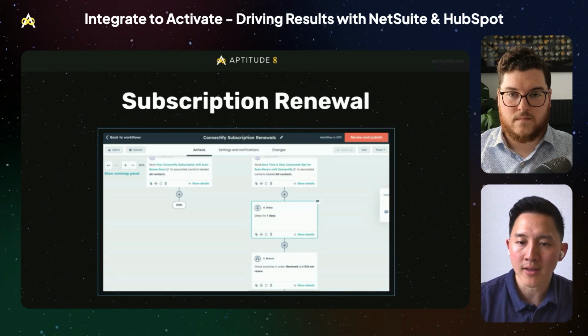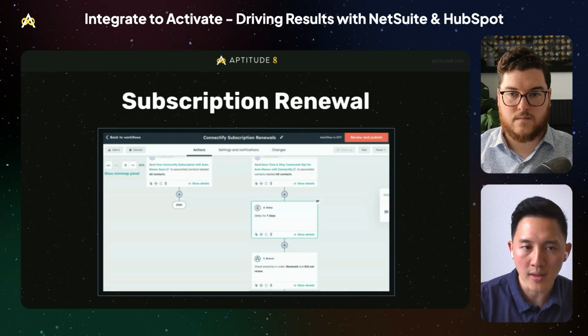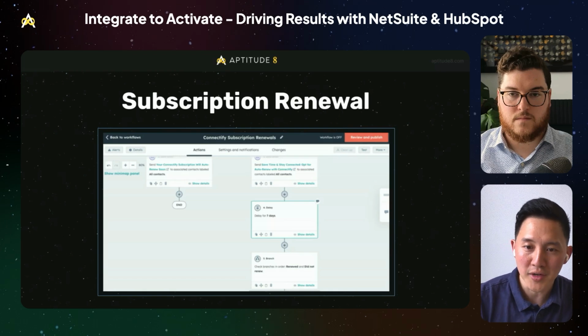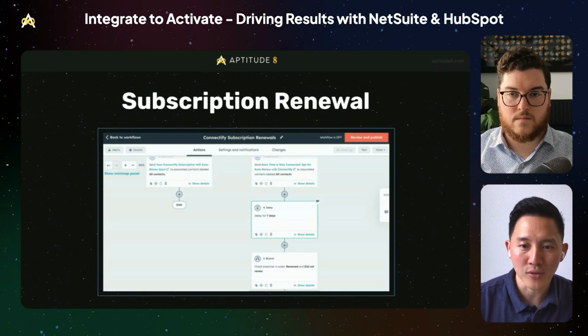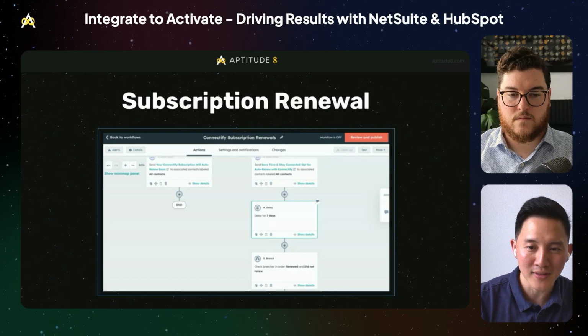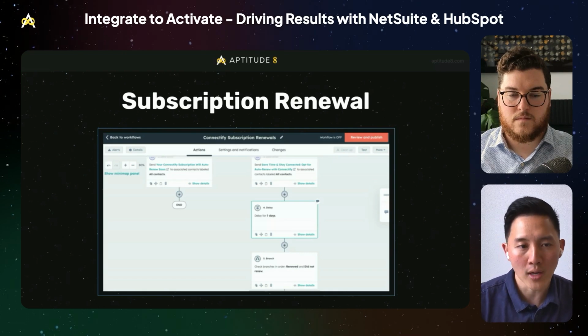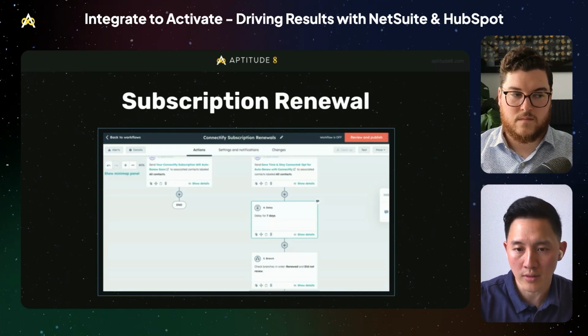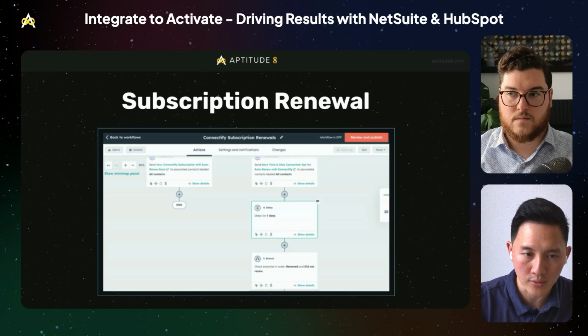So being able to pass that data from the ERP back into the CRM is so essential for you to automate that subscription renewal communication. At the end of the day, like you mentioned earlier, you don't want departments stepping over one another. You might have client success talking to the client, and finance also talking to the client. You want to automate as much of that communication as possible, yet still give that visibility on the service history as well.